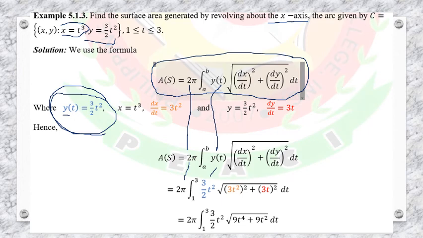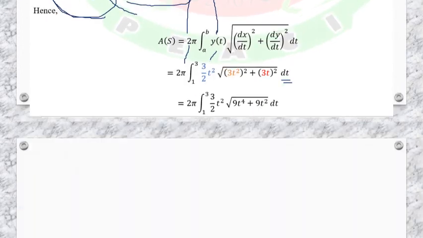And then si dx over dt, yan yung derivative niya, yung sa x. Okay, so 3t squared. And then dy over dt class, yan yung derivative ng y natin. So that is equal to 3t quantity squared and then dt. So 2 pi integral of 3 over 2 t squared, square root of 9t to the power of 4 plus 9t squared dt.